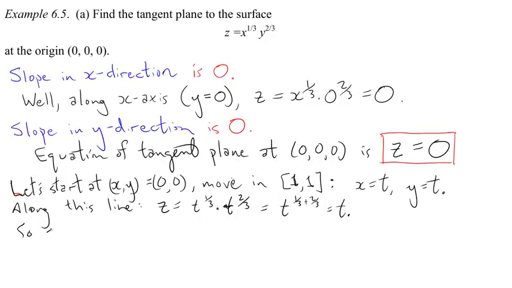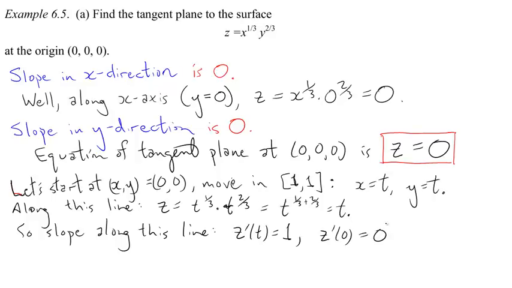So the slope along this line is found by differentiating z and evaluating at t equals 0, which gives the origin. The slope is 1.